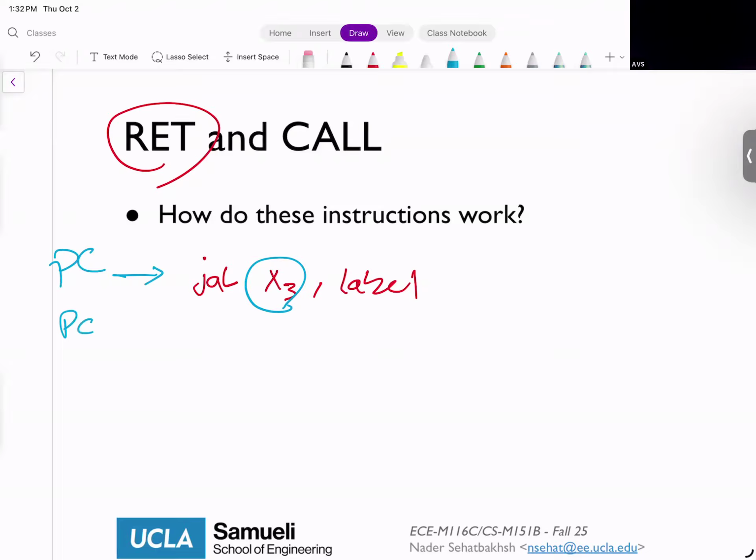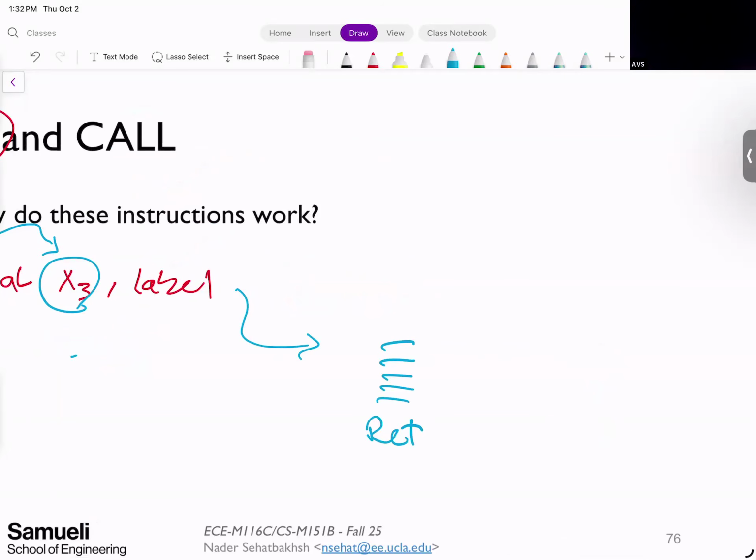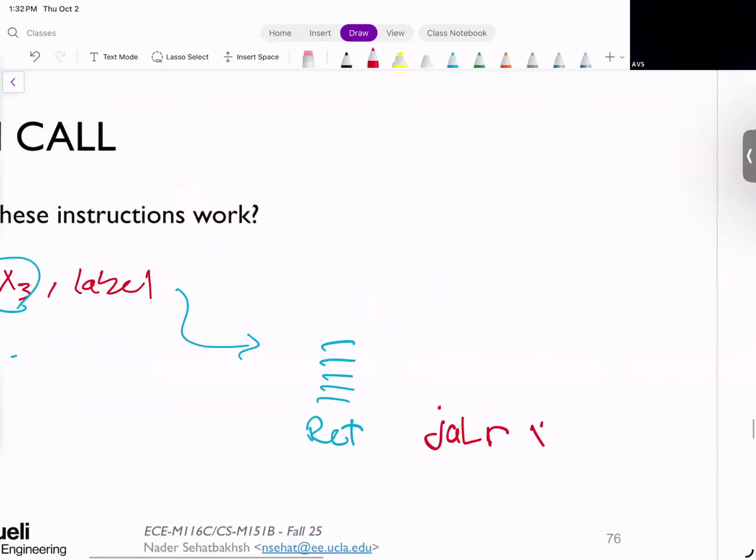My PC plus 4 is here. I'm basically saving this value into this x3, right? And then when I do this JAL, I basically jumped somewhere else in the program and I start running some instruction. At some point, I'm going to have ret, okay? So basically, how do I do ret? I write ret like this, JALR, okay, x0, 0, x3.